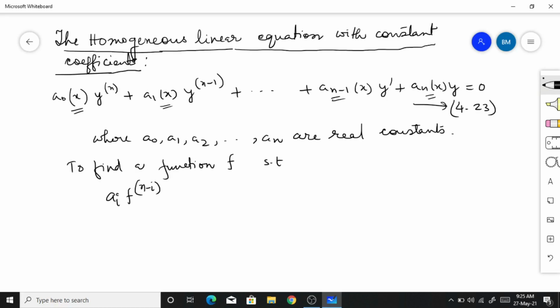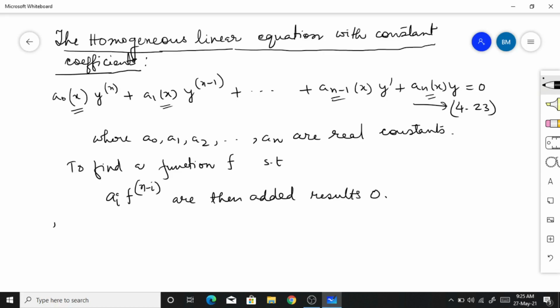Because we have seen here, when the suffix on a is 0, the order of derivative of y is n minus 0, that is n. When the suffix is 1, the order of derivative is n minus 1. So when the suffix is i, the order of derivative will be n minus i.